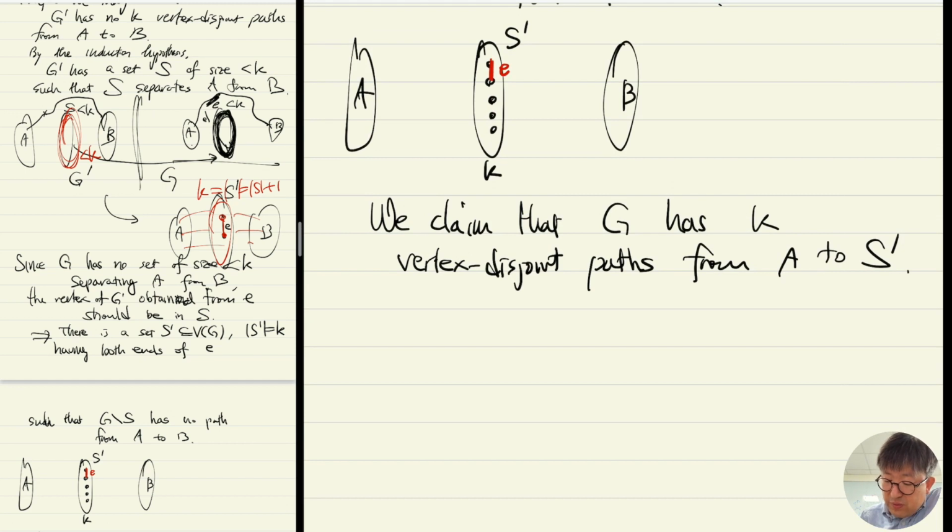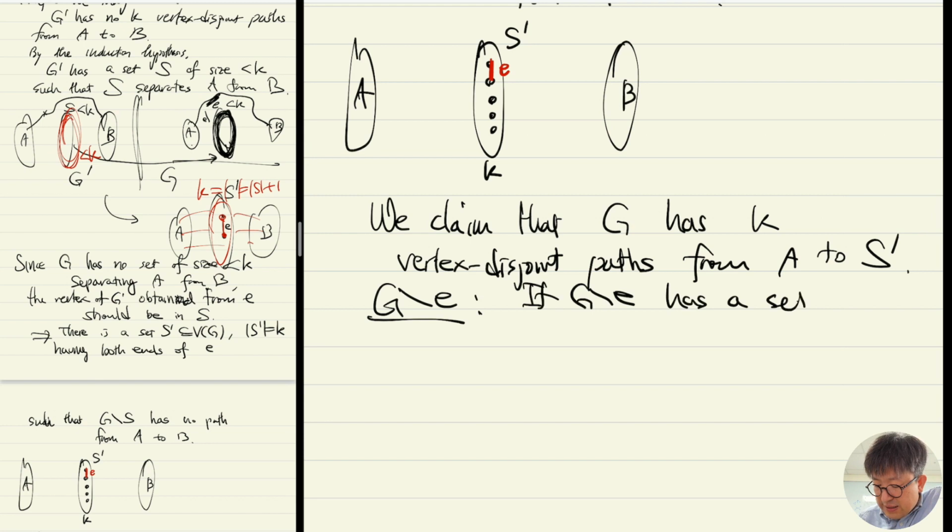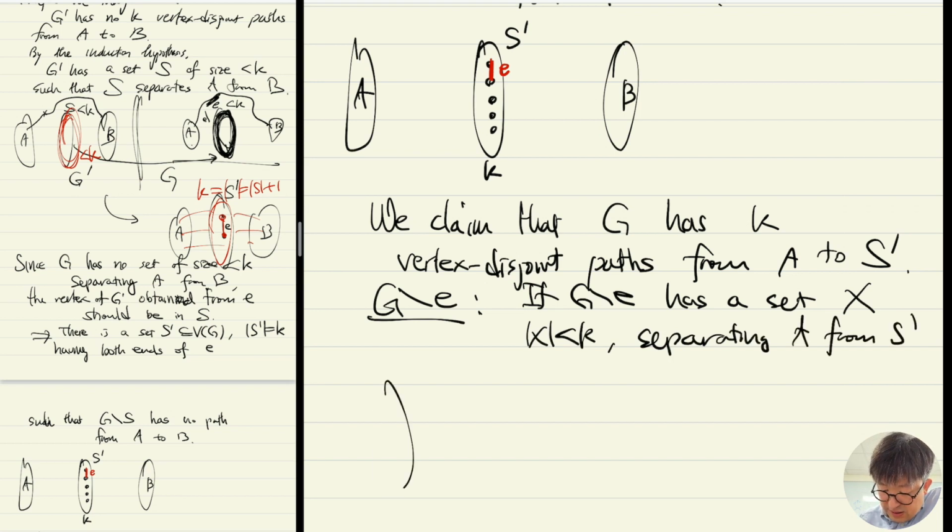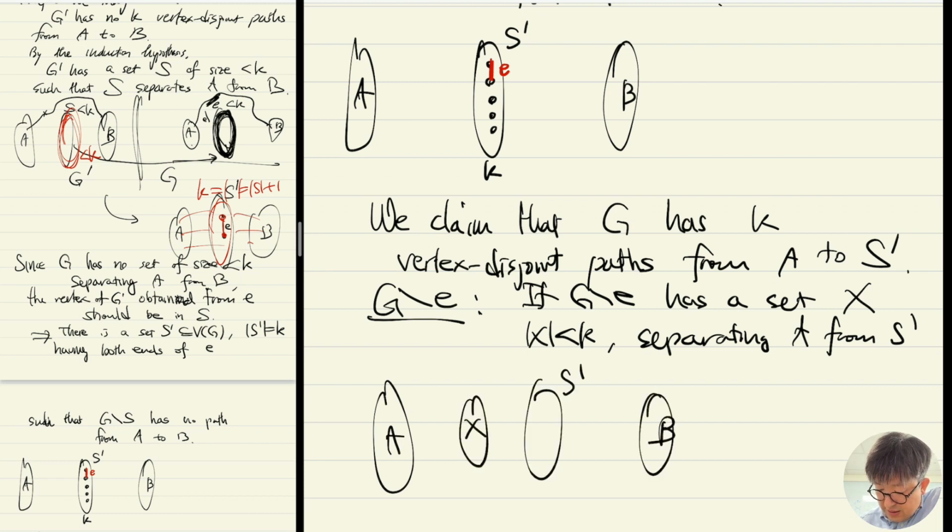Well, we will apply induction over G delete E. If G delete E has a set X of size less than K separating A from S prime, so you have a set X of size less than K separating A from S prime.